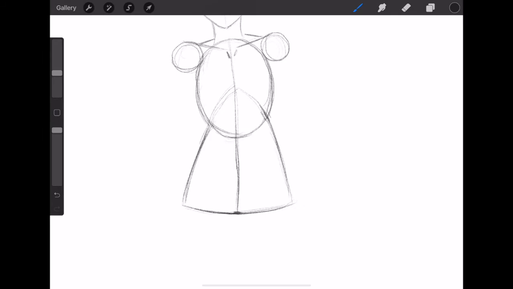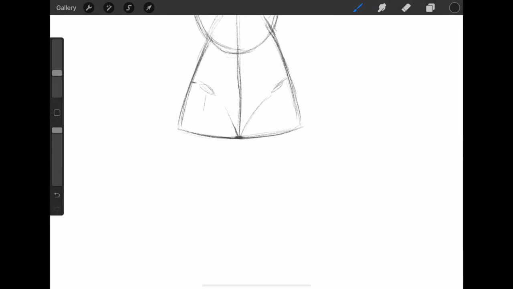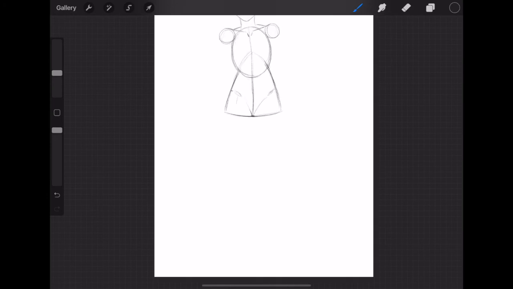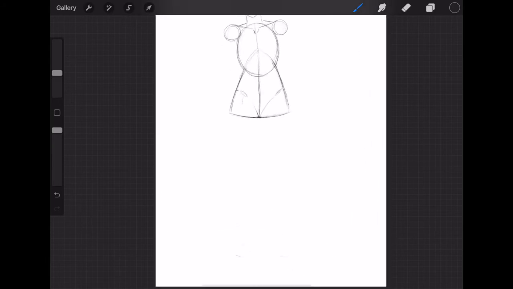When I draw the shoulders, I draw two small circles just above the ellipse, on either side of the torso, which marks the shoulders. Then starting from the very top of these circles, I draw two lines that slant slightly downward, ending at around the middle of the torso, which marks the collarbones.